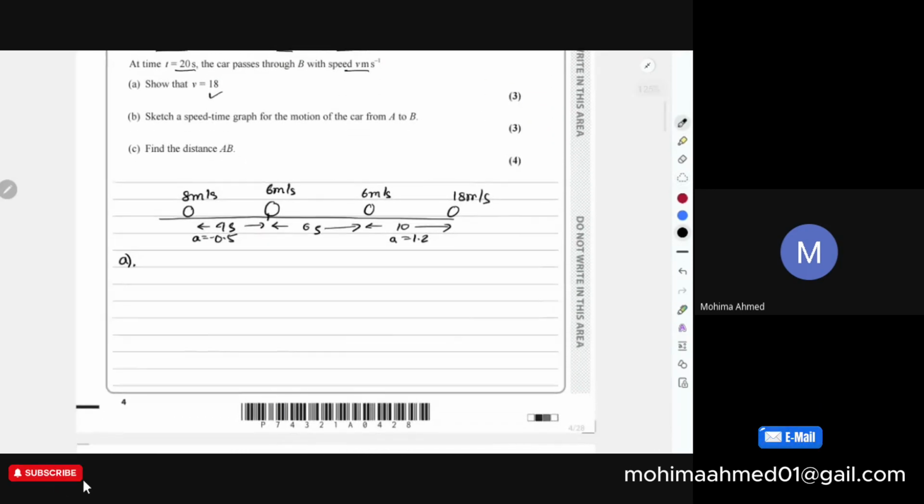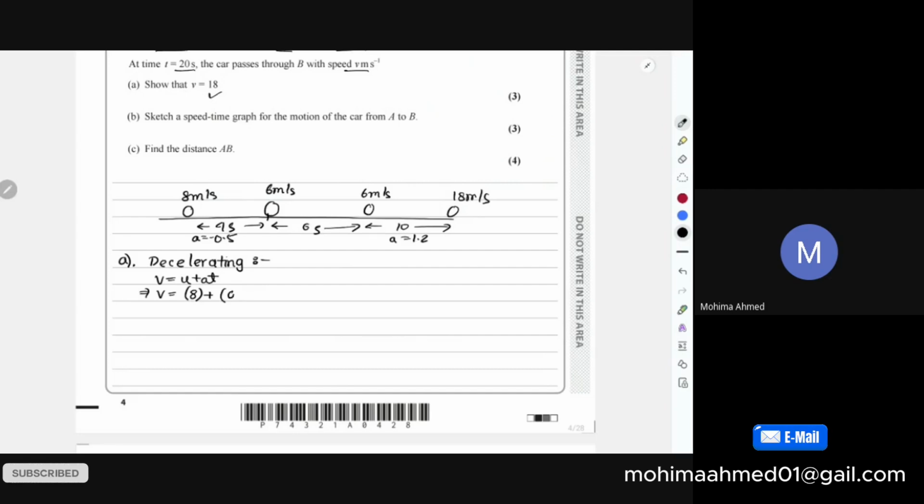I'm going to find out for the decelerating part the final velocity, which is v equals u plus at. u was 8, a is minus 0.5, and time was 4, right?